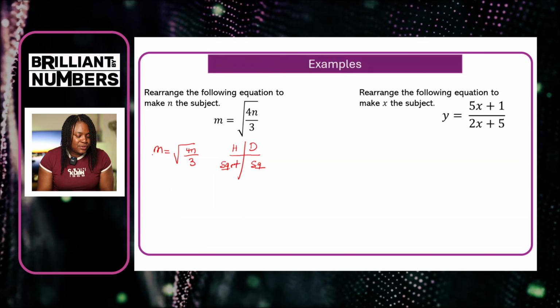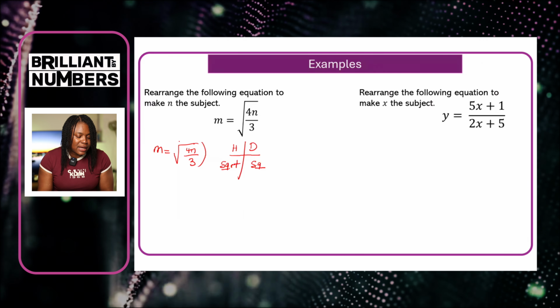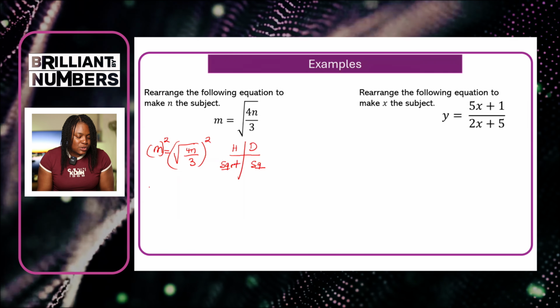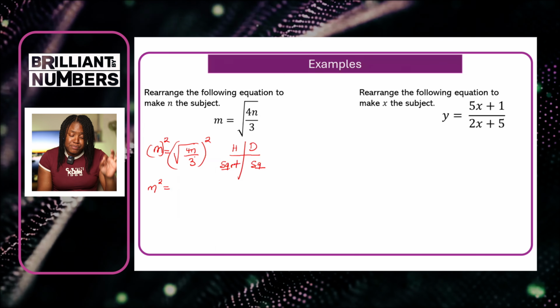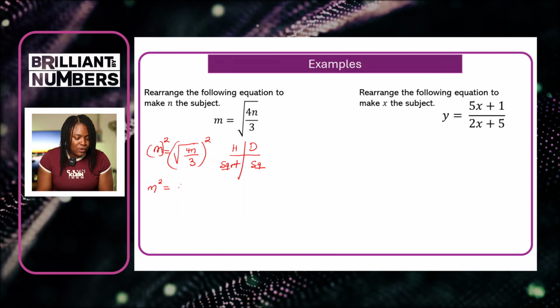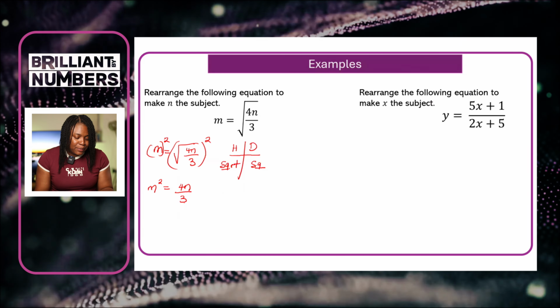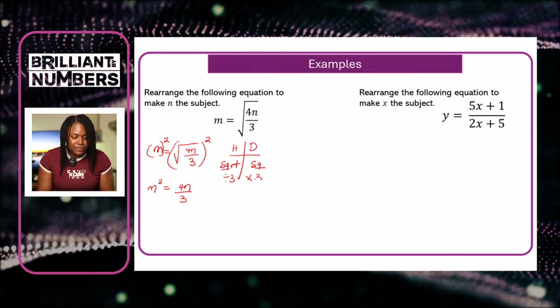So we need to square both sides. I'm going to put this in brackets squared, and also do m squared. So the left hand side is m squared equal to, we have now removed the square root, so we've got 4n divided by 3. Our next step, we are dividing by 3, so we need to multiply by 3.